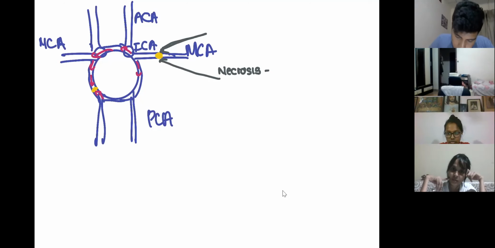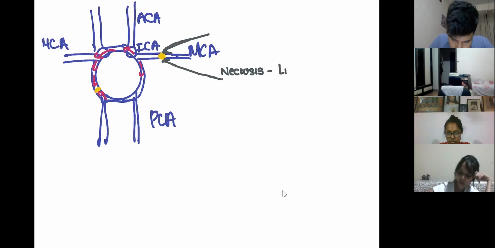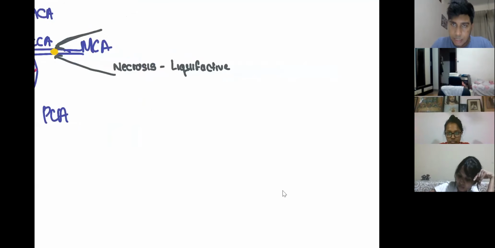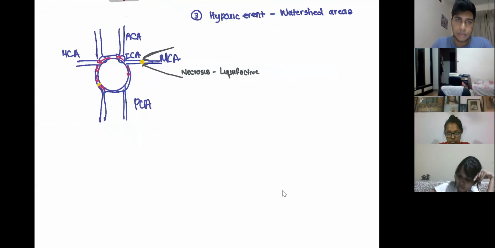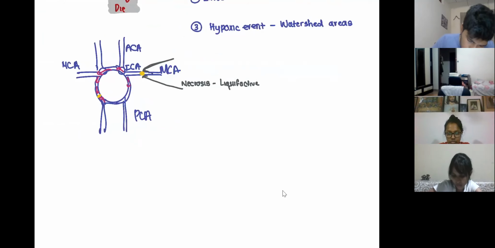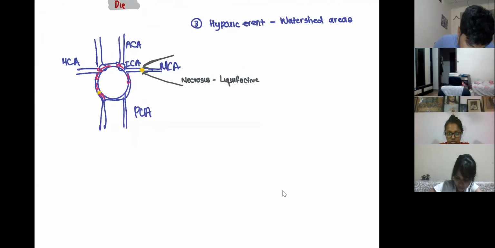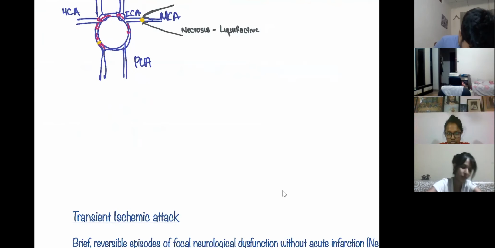Yes, brain always undergoes liquefactive necrosis. Simple, the name tells it, it becomes like a liquid. Okay, and the treatment is this.